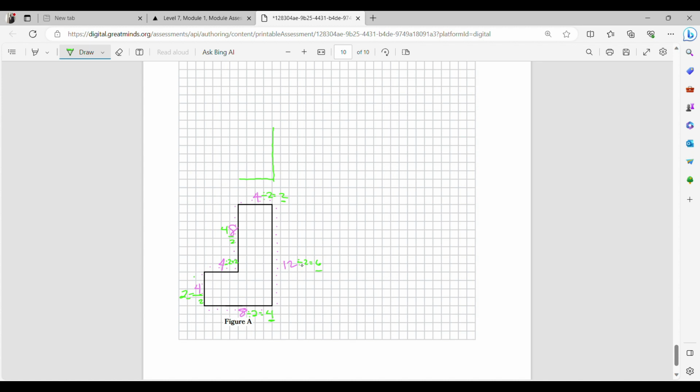We're going over by 2. 1, 2. Down by 4. 1, 2, 3, 4. Over by 2. 1, 2. Down by 2. 1, 2.